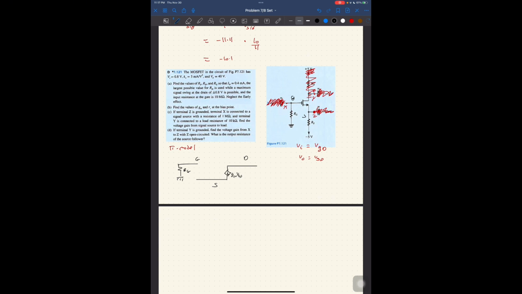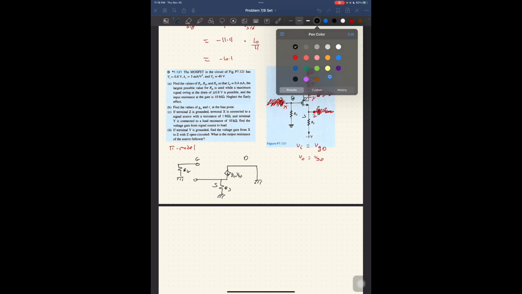S, we see, is connected to some RS and GM VGS, and the drain we see is connected to just straight up the ground. And G, yeah, so I think that's pretty much it. So if the terminal Y is grounded, find the voltage gain from X to Z.